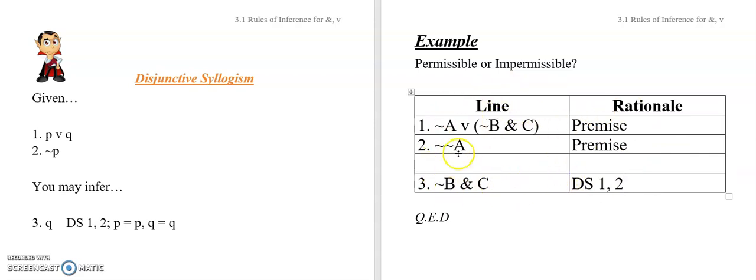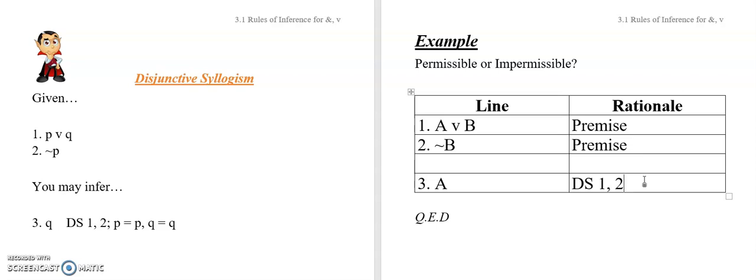Now it is one side specific, so let's go down in complexity here. Let's say that you had not B and you had A. Okay, is that permissible? Or is that impermissible? Is that a legitimate use of disjunctive syllogism or an illegitimate use of disjunctive syllogism?